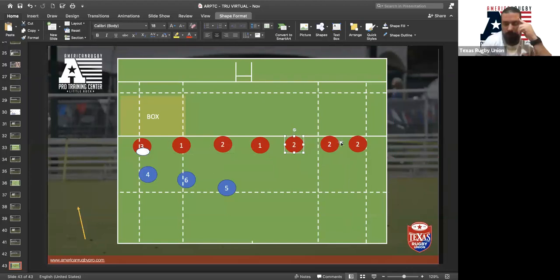So right now we're in full-time training here at the ARPTC, and our ruck policy is that we have a sweeper, a person behind the back play, and they're the only person who's allowed to compete at the ruck.